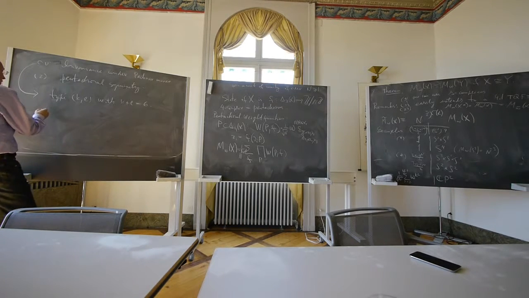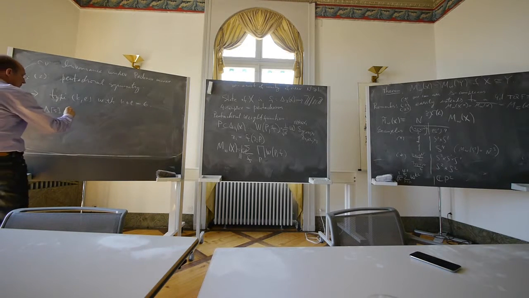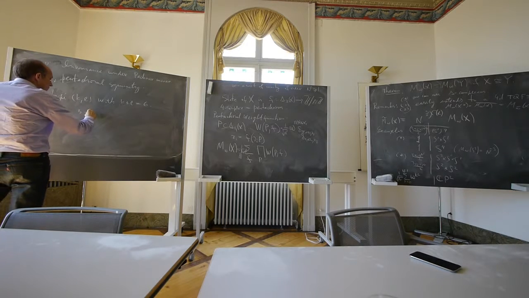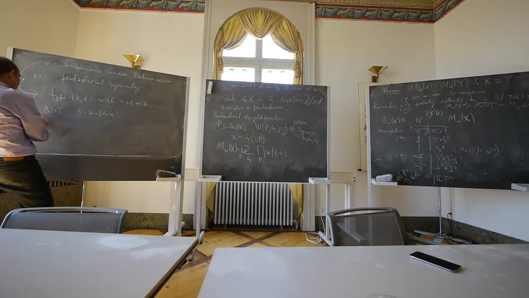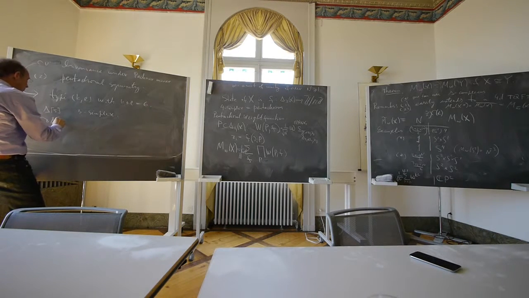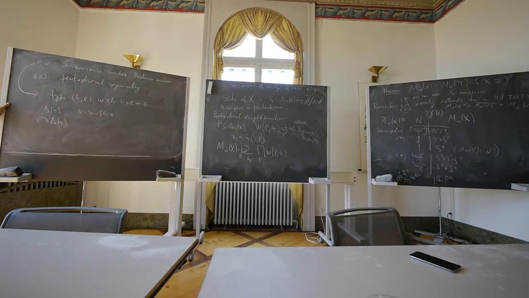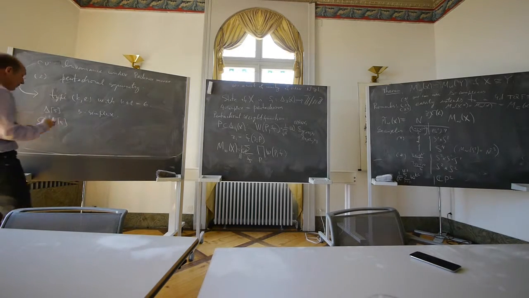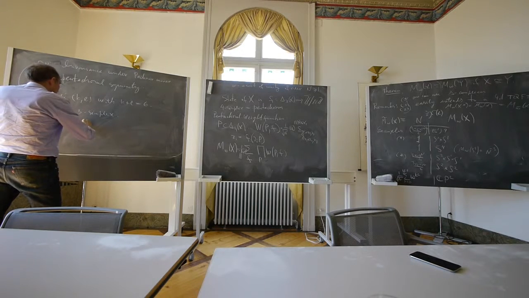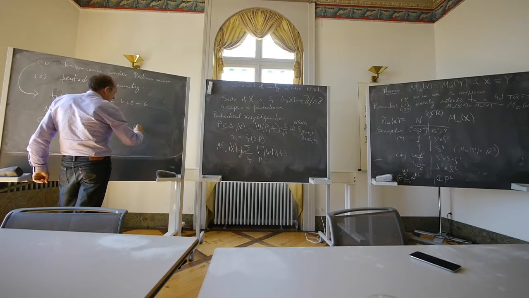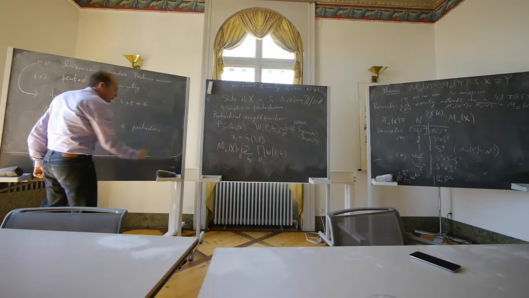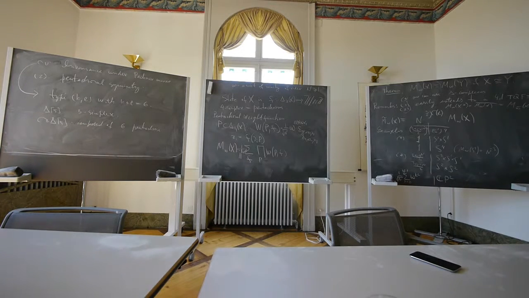You take the 5-simplex, and then you take its boundary, which is composed of 6 pentachora. And what is the Greek name for a 5-simplex?